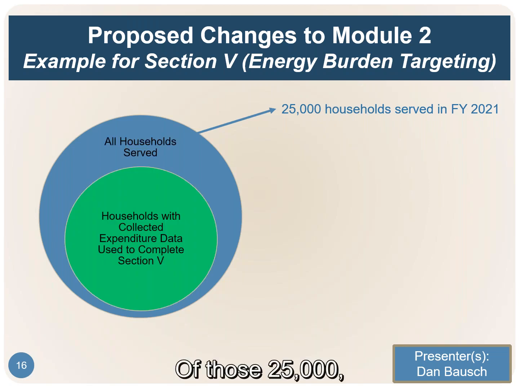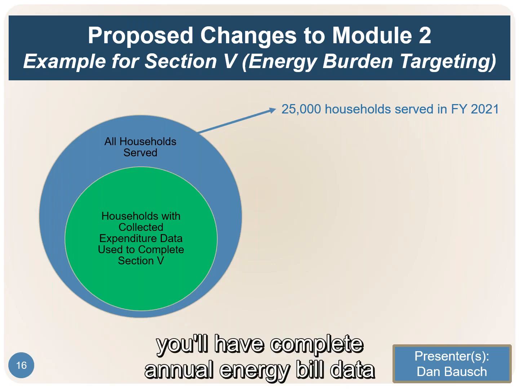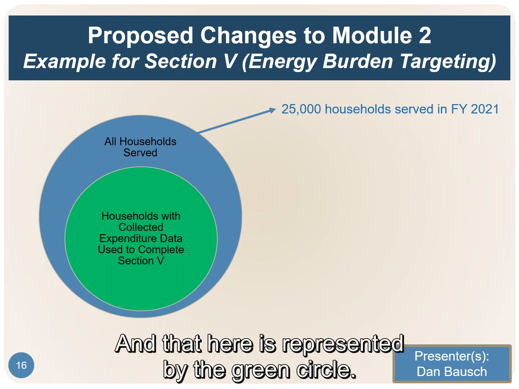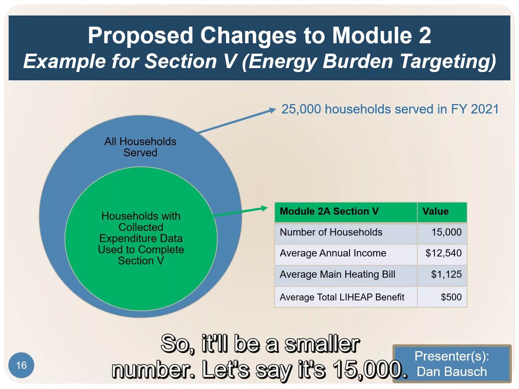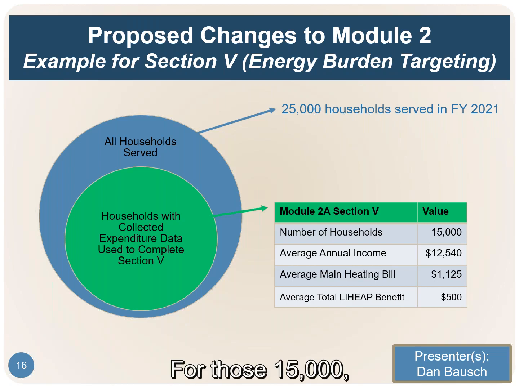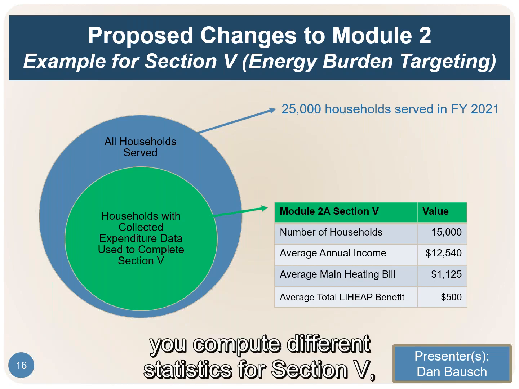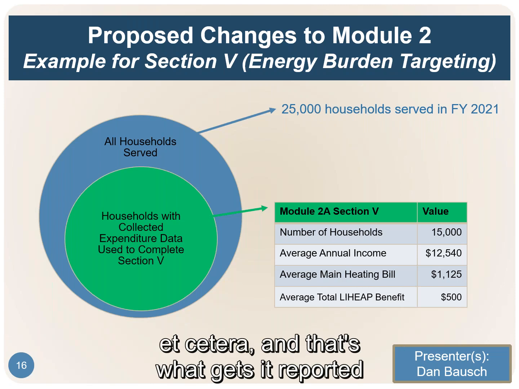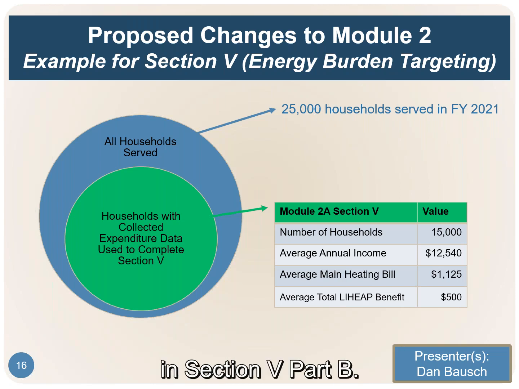Of those 25,000, you'll have complete annual energy bill data from your vendors for some portion of those 25,000, and that here is represented by the green circle. So it'll be a smaller number. Let's say it's 15,000. For those 15,000, you compute different statistics for section 5: annual income, main heating bill, LIHEAP benefit amount, etc. And that's what gets reported in section 5, part B.